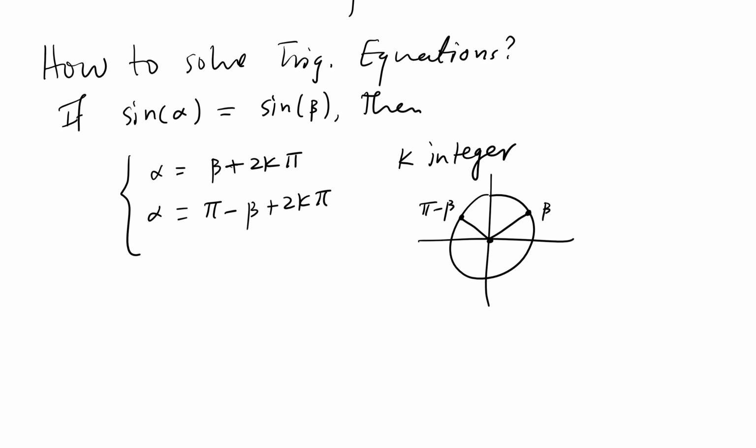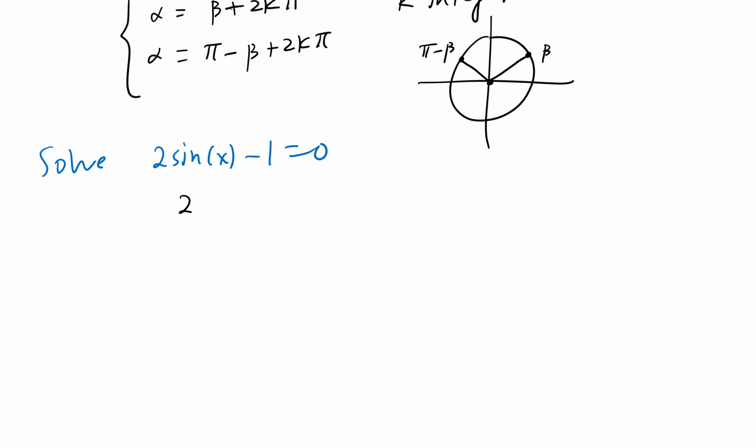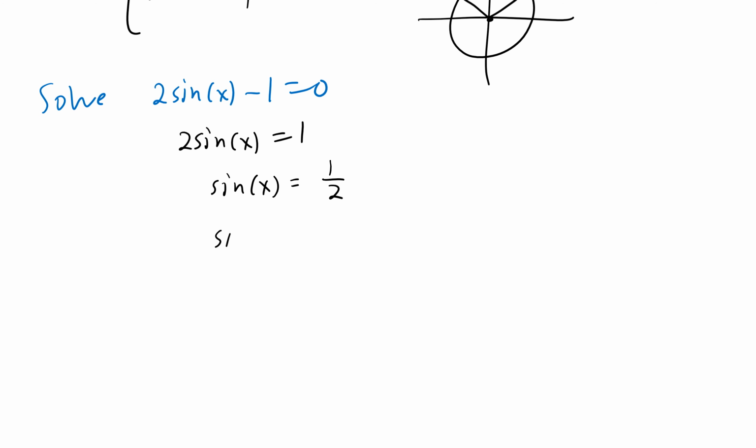And we may look at an example now. Let's say we are asked to solve 2 sine x minus 1 equals 0. To do so, we can add 1 to both sides, divide by 2, and now ask what is the smallest positive angle whose sine is 1/2. We found it earlier was 30 degrees or pi over 6 radians.